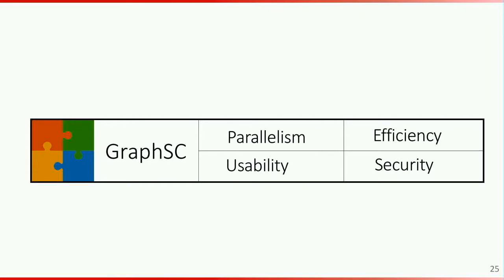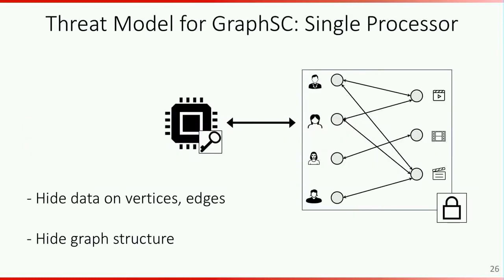So let us see what I mean by security in this context. Let us say we have a secure processor, and it has your graph stored encrypted, and it is trying to perform some computation, let's say computing user recommendations. What I want in the end is to ensure that this computation hides the data on vertices and edges.